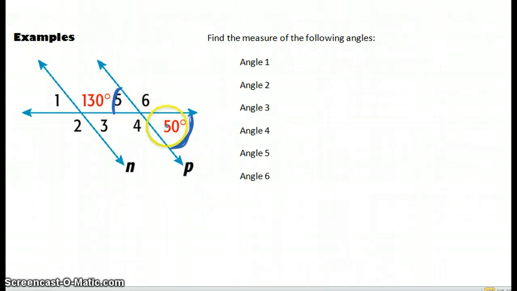They are vertical angles, so angle 5 would be 50 degrees. We also know this angle is 130 degrees. So if this is 130, his vertical partner would be 130 also. So angle 2 is 130 degrees.